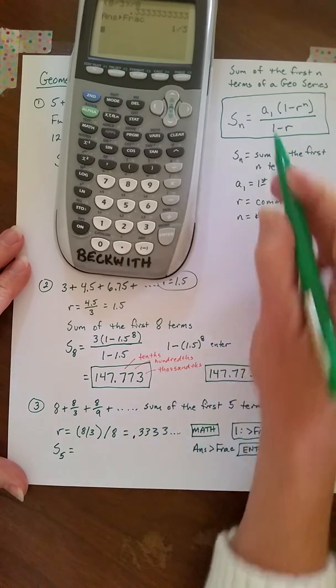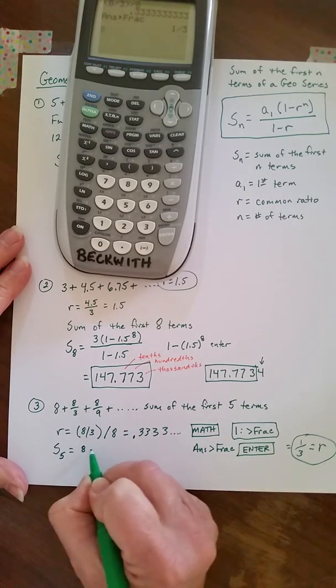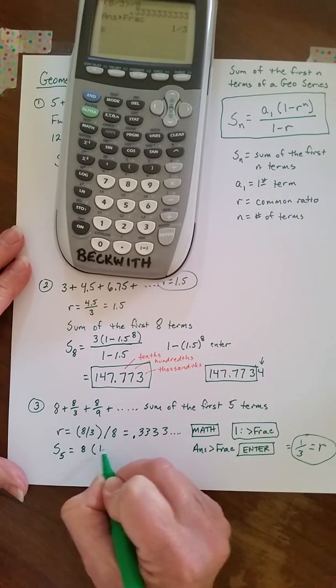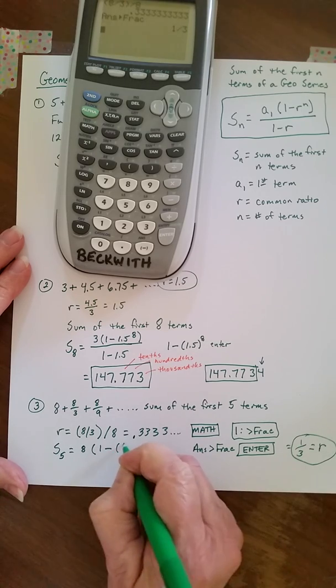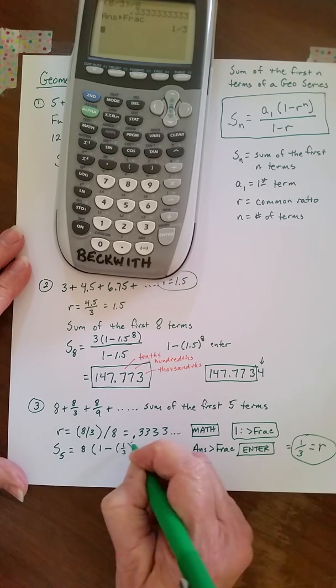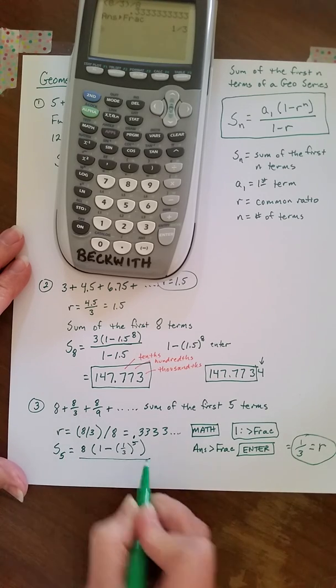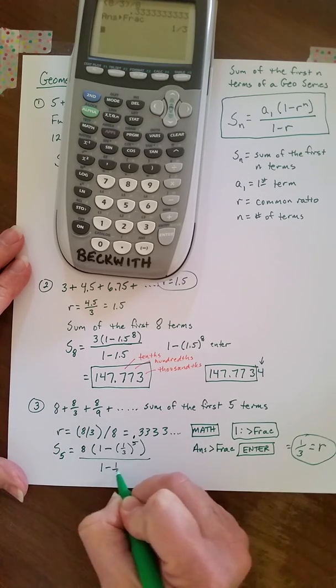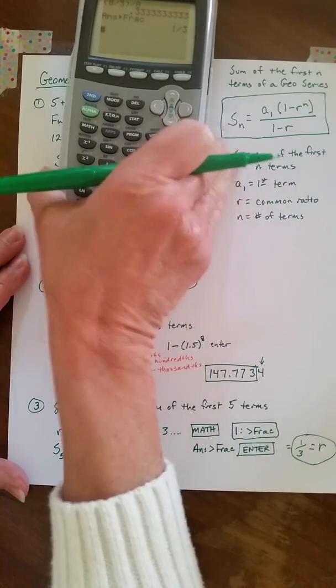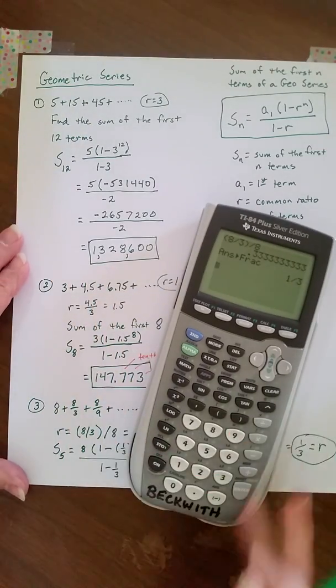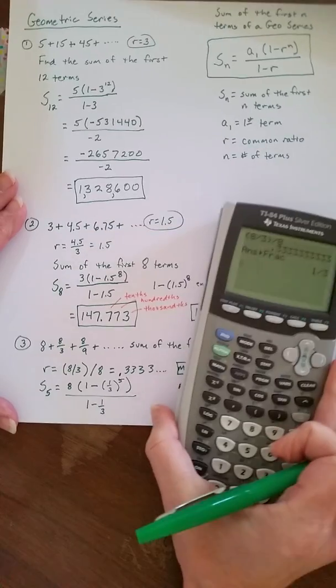It's going to be my first term, 8, times 1 minus r, where r is 1/3, to the 5th, because remember we're finding the sum of the first 5 terms, all over 1 minus 1/3. Now here's what I'm going to put into my calculator to do this problem.